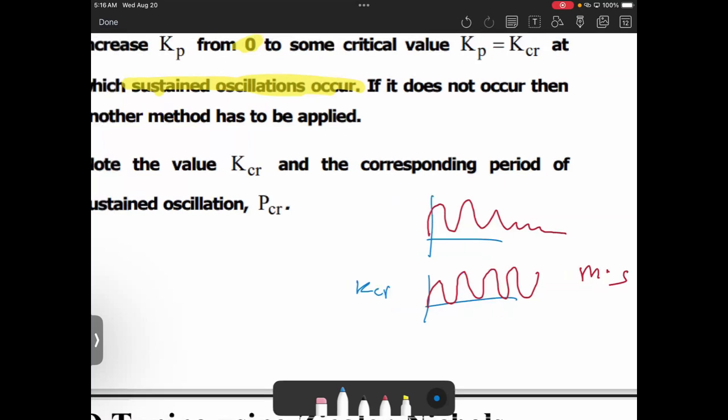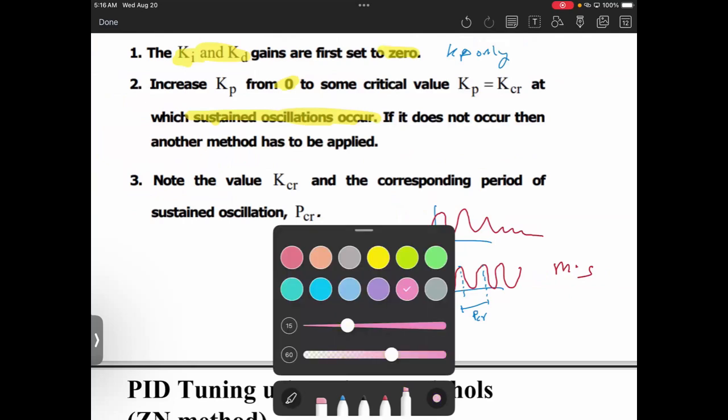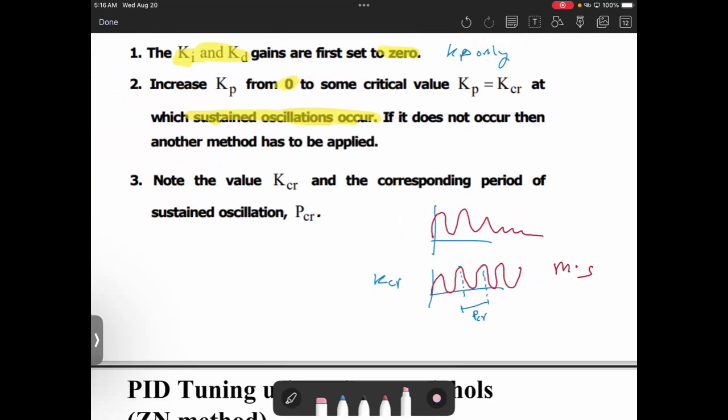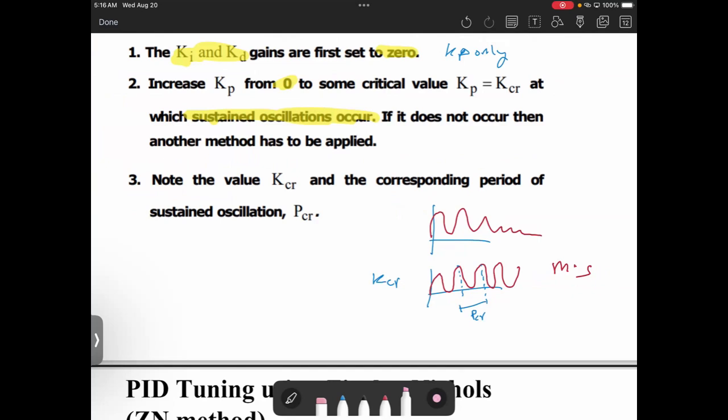How about if we keep increasing K, but there is no oscillation happening? Increase K, nothing happens. What should I do? In this situation, you cannot use Ziegler-Nichols. Some systems, you can keep increasing K, but they will not become unstable at all.